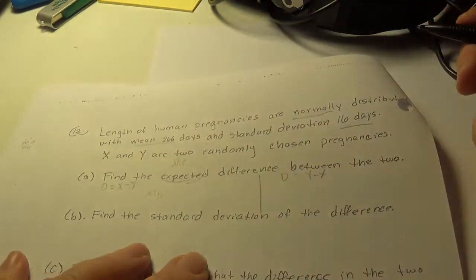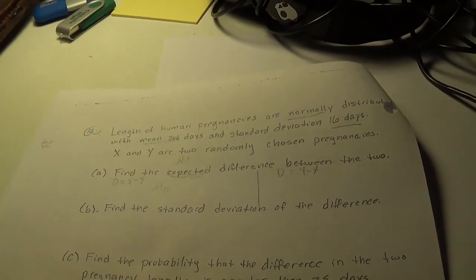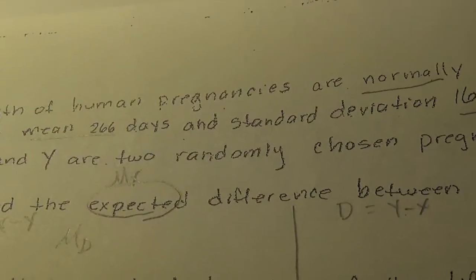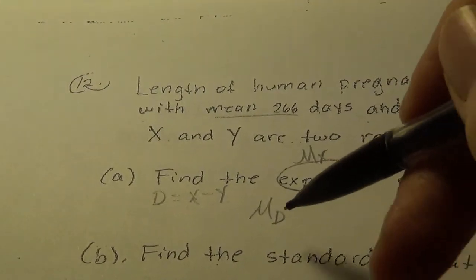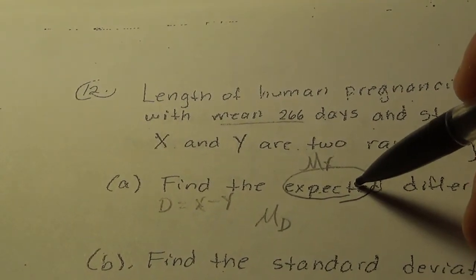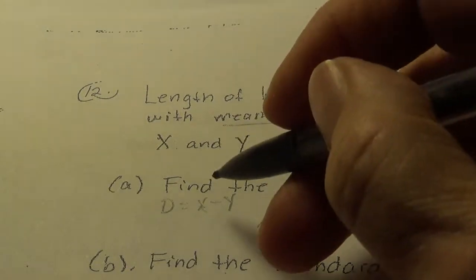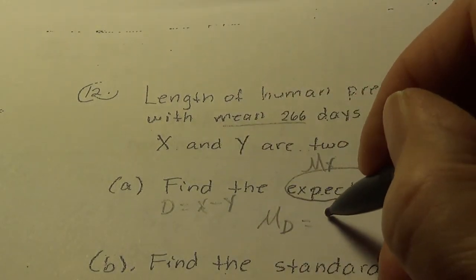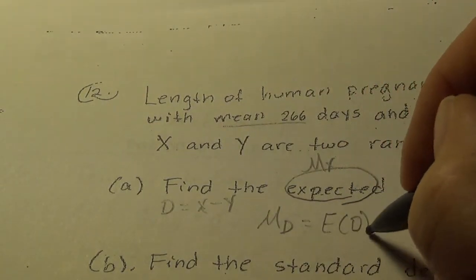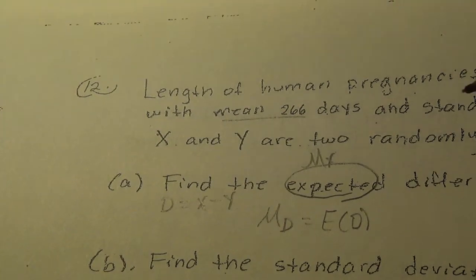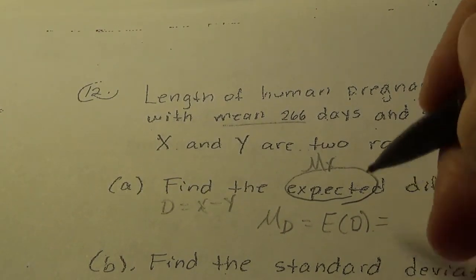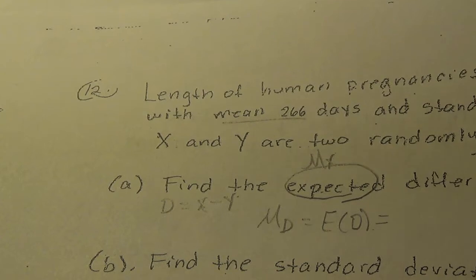So I'll indicate it with that. Let's see if it shows up a little better. The mean of the difference is what this points to. And I could also call it the expected value of the difference. So sometimes we think of it like that. So we are looking at the difference of two random variables.